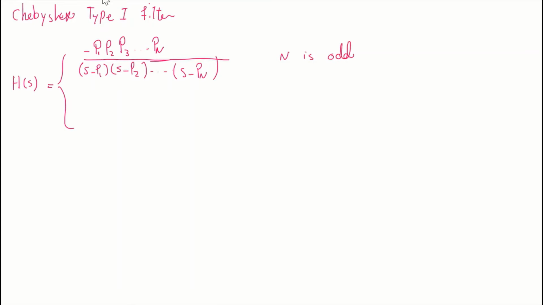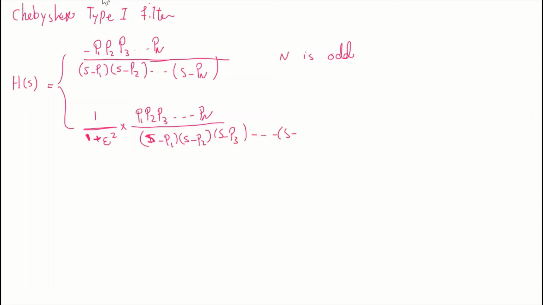Okay, n is 1, 3, 5, 7 or so. And it is 1 over the square root of 1 plus epsilon squared, the ripple control factor, times P1 times P2 times P3 times Pn over (S minus P1)(S minus P2)...(S minus Pn), for n even, like 2, 4, 6, and so on.